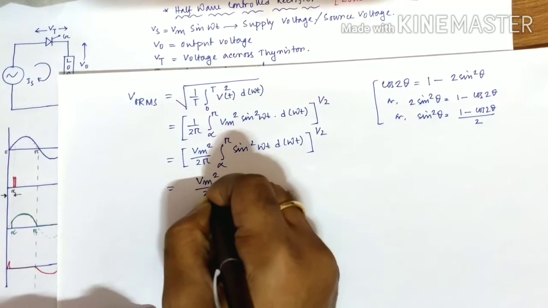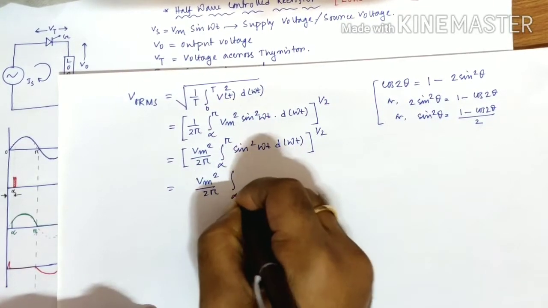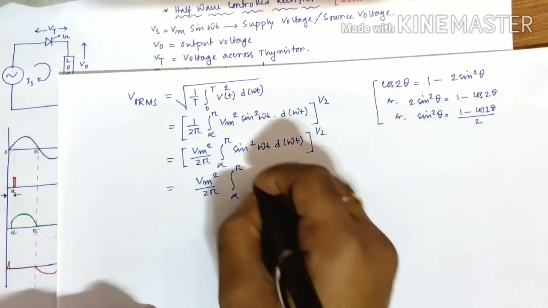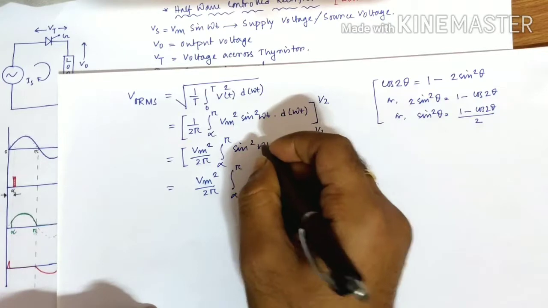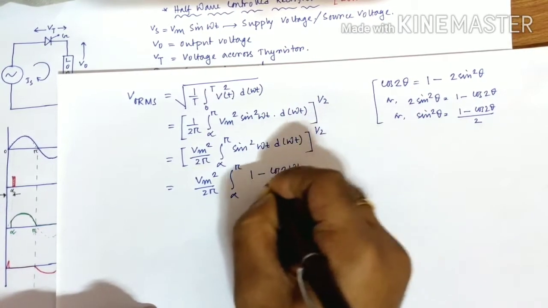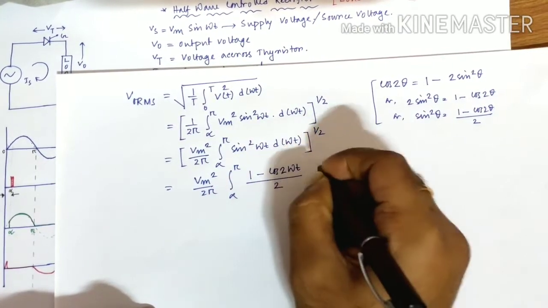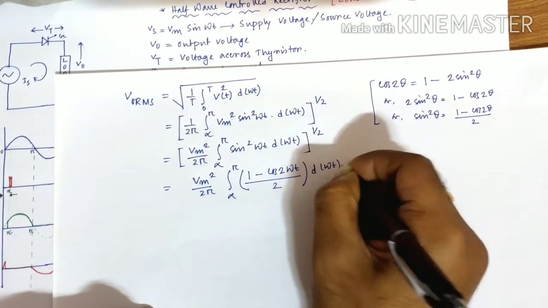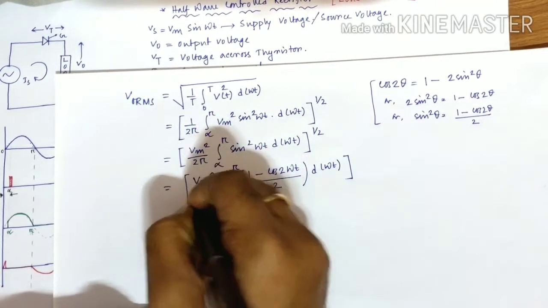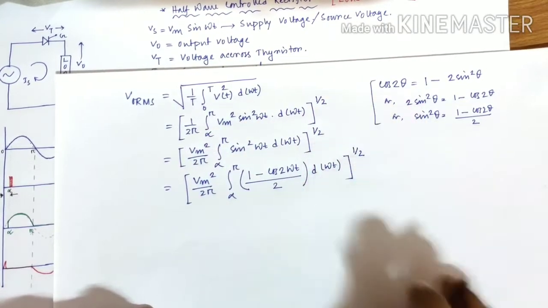Vm square by 2 pi, integration alpha to pi, (1 minus cos 2 theta). Theta here is omega t. So 2 omega t divided by 2 into d omega t, to the power half.